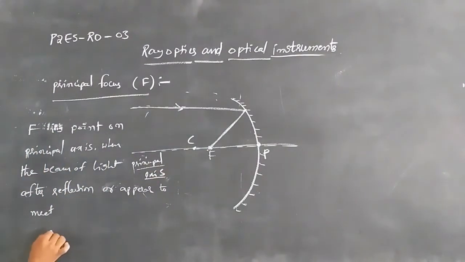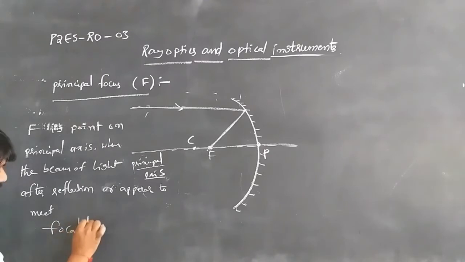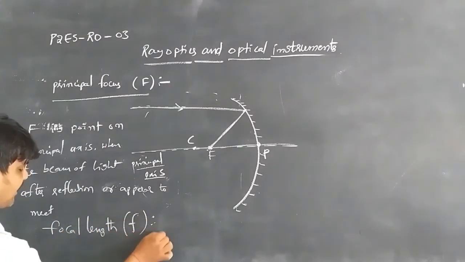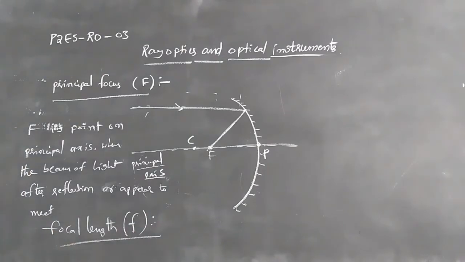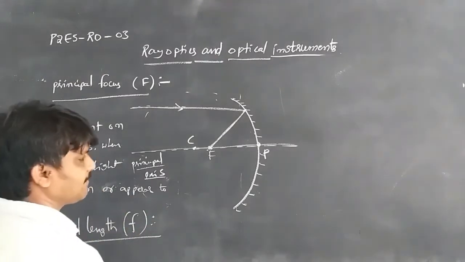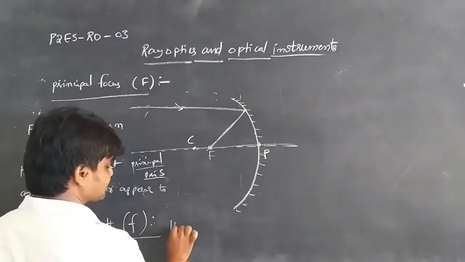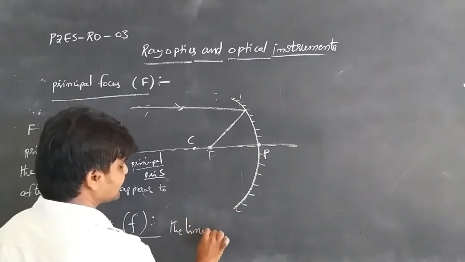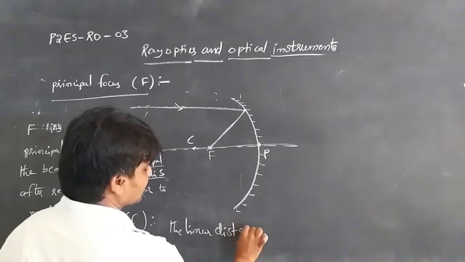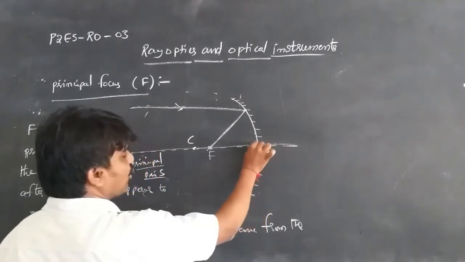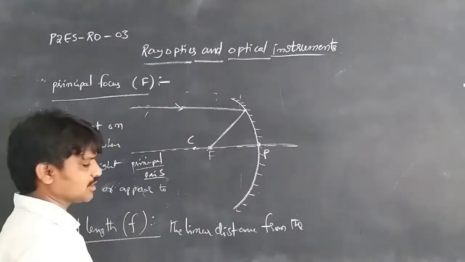The next one is the focal length, which is denoted with a small f. Focal length means the linear distance from the pole to the principal focus.